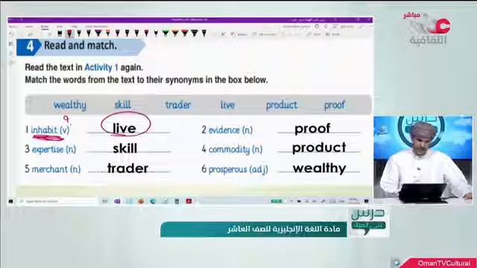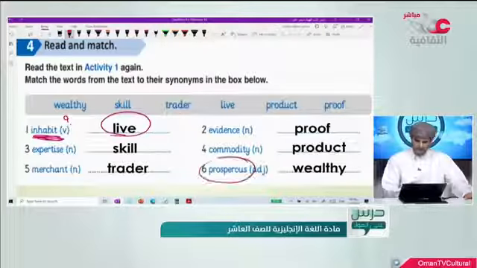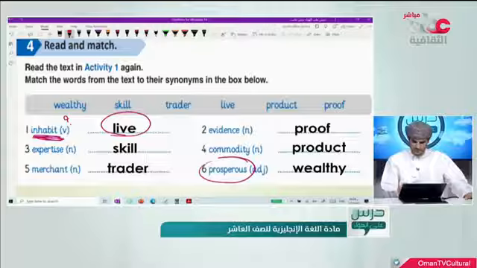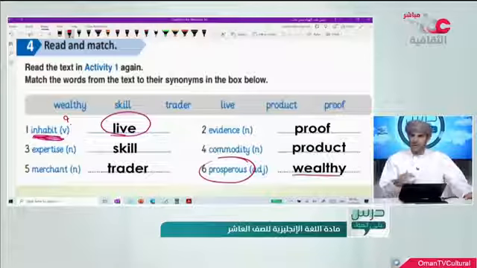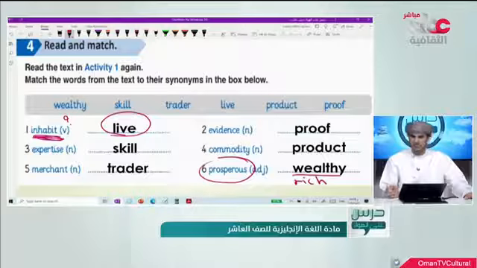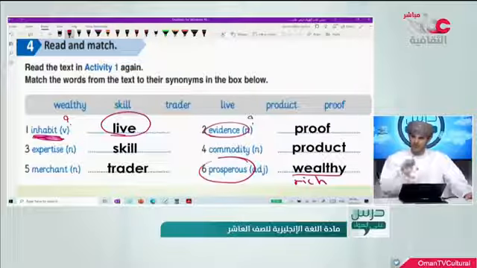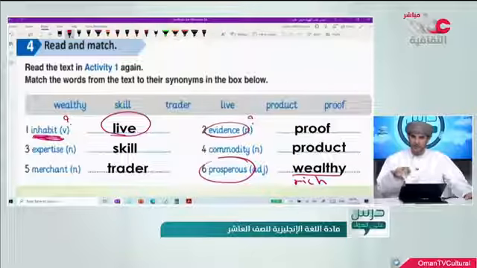Okay, like here, let's go to prosperous. What is prosperous? We have explained it earlier. Synonym, wealthy. Another synonym, rich. Lots of money. Okay. Evidence. What is evidence? We have explained it. Find out the meaning, write it down, the meaning with one or two examples.